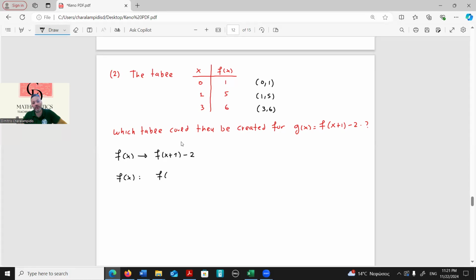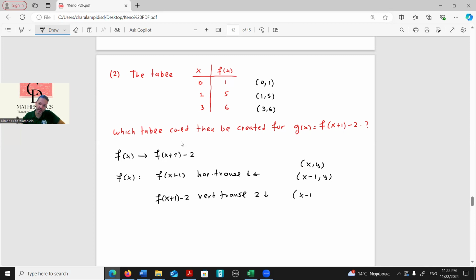I would do the f of x plus 1, which is a horizontal translation of 1 unit to the left, which means that starting from the random point with coordinates x, y, I should take out 1 from just the x. So x minus 1, y. That is then followed by a vertical translation of 2 units downwards.